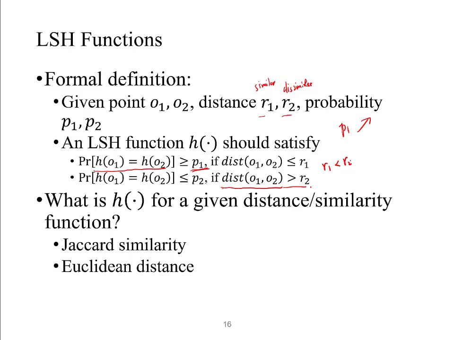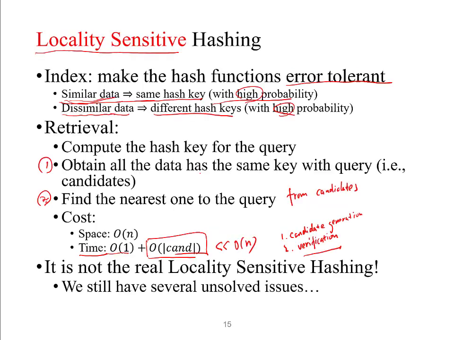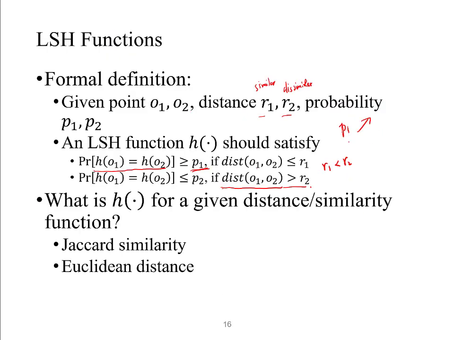So for this O1, O2, the probability of their hash values being the same should be smaller than P2, which means the probability of being different, the probability of H(O1) not equal to H(O2), is larger than 1 minus P2. 1 minus P2 should be a large number, a high probability.